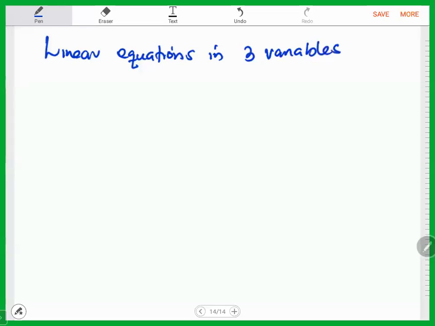Okay, let's look at a system of 3 equations. So we have linear equations in 3 variables.